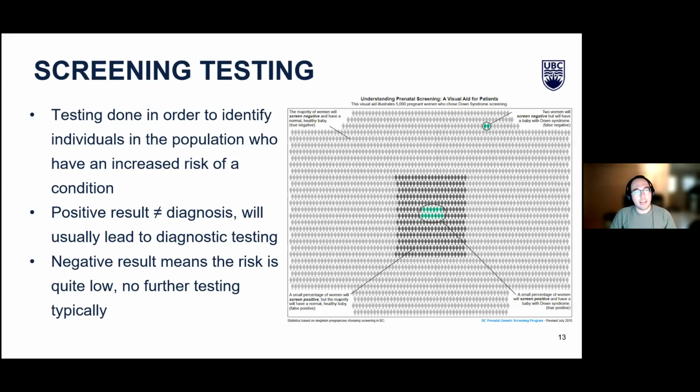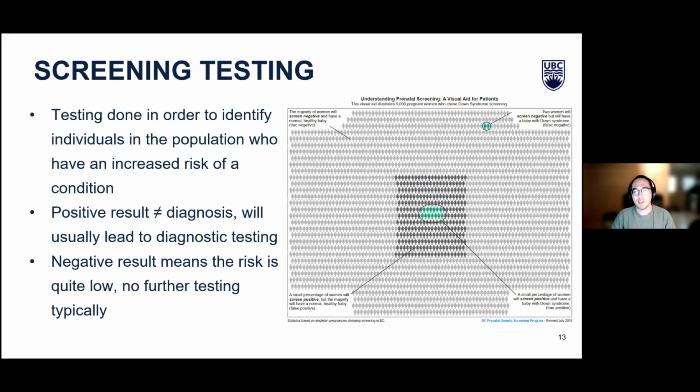So before we get into the prenatal screening and the newborn screening, I just want to talk broadly about screening testing and what it is. So genetic screening is testing that is done in order to identify individuals in the population who are at an increased risk of a condition.